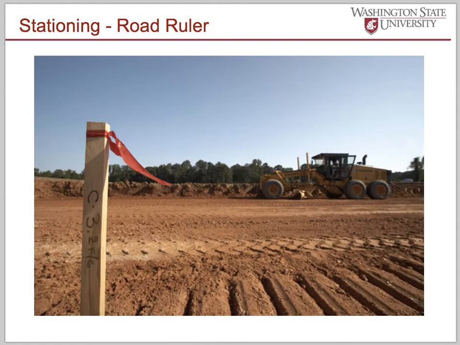Next thing is stationing. In construction of infrastructure, especially with roadways, you're going to see stationing. It is the road ruler for infrastructure. Typically you talk about feet, but now we will talk about stationing when you're on a construction site.